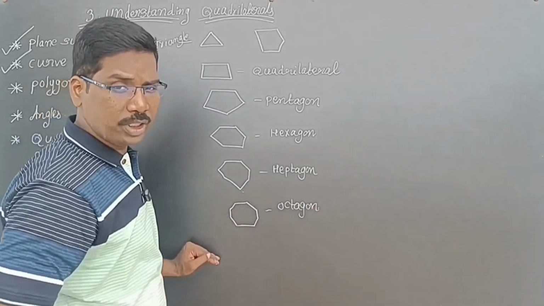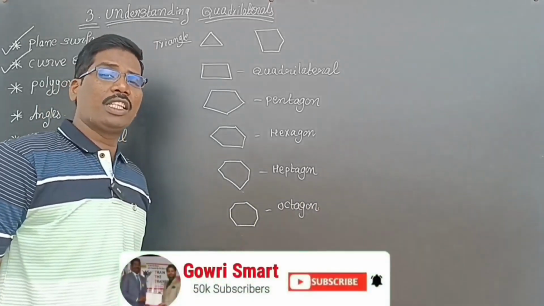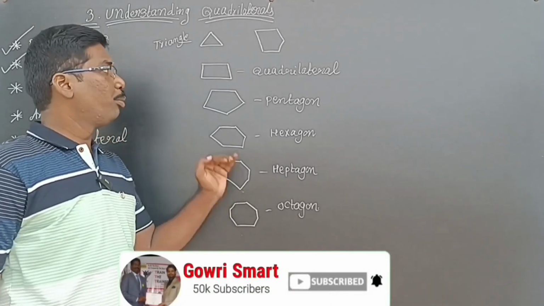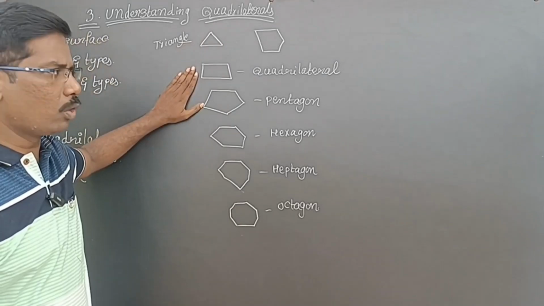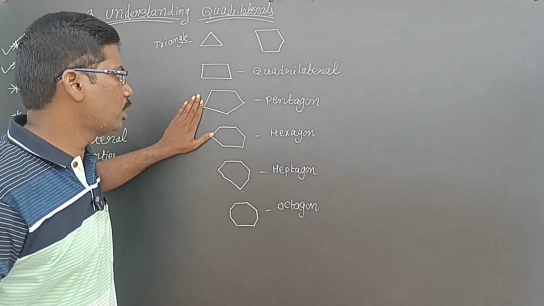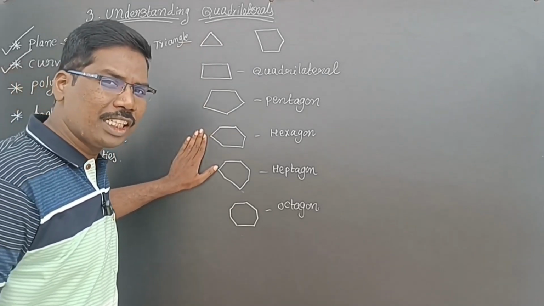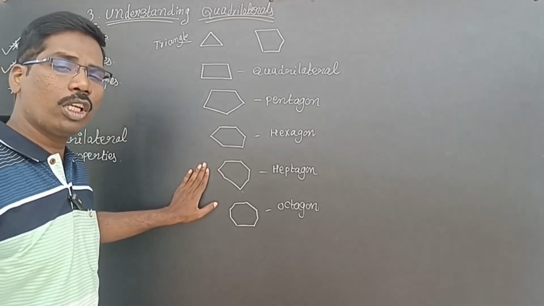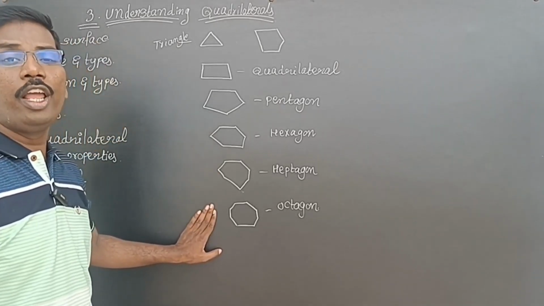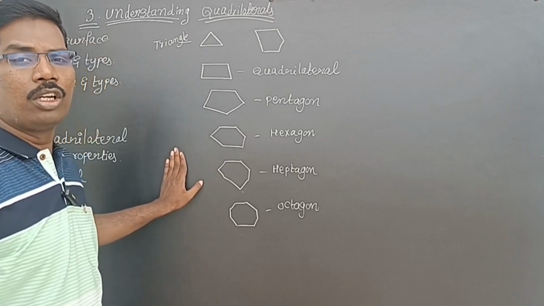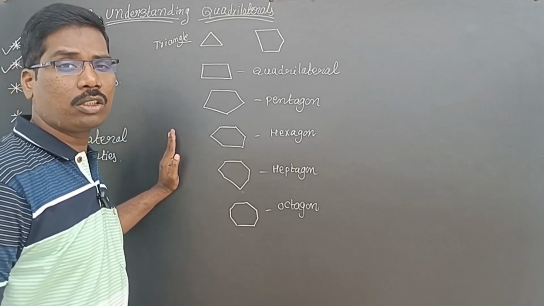If it has 9 sides it is a nonagon. If it has 10 sides it is a decagon. So a polygon with 3 sides is called a triangle, 4 sides a quadrilateral, 5 sides a pentagon, 6 sides a hexagon, 7 sides a heptagon, 8 sides an octagon, 9 sides a nonagon, and 10 sides a decagon.